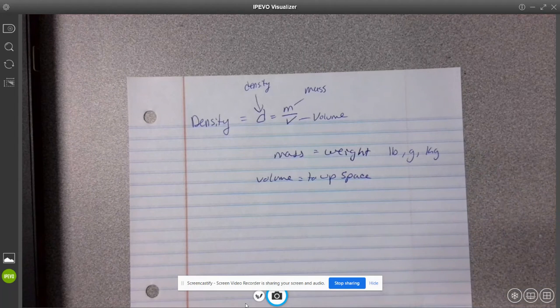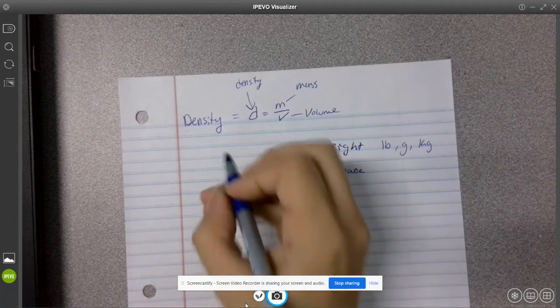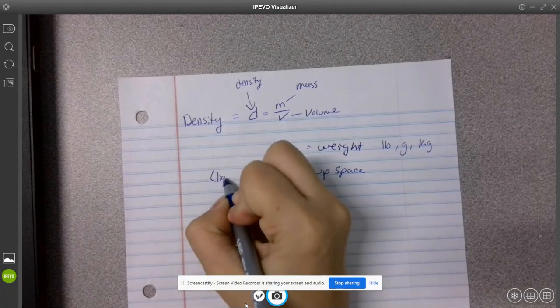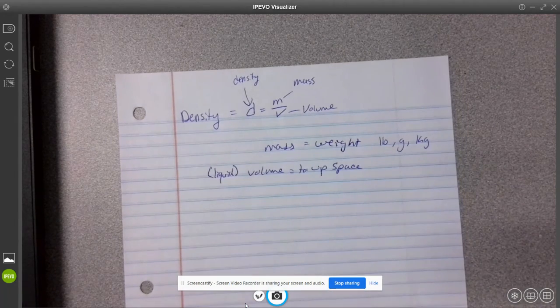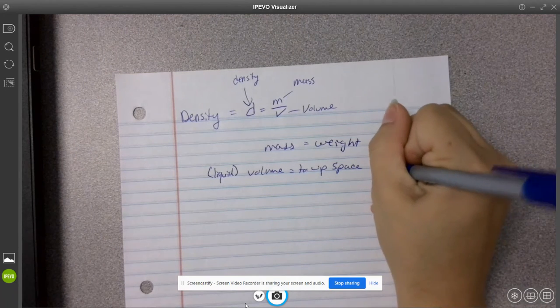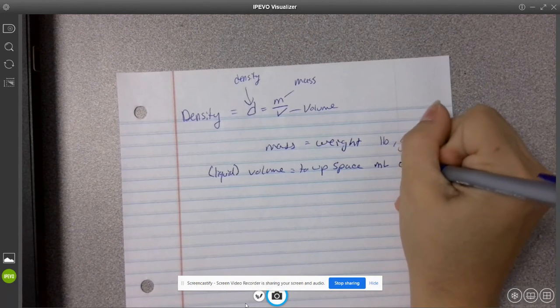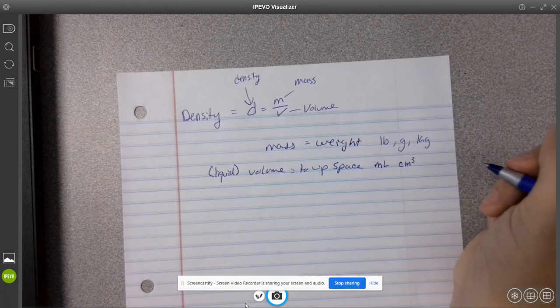And this can either be liquids or gases, but when we're looking at density, we are specifically looking at liquids and not gases. So I'm going to put in parentheses, we're looking at liquid volume. And this will be taken in either milliliters or centimeters cubed.